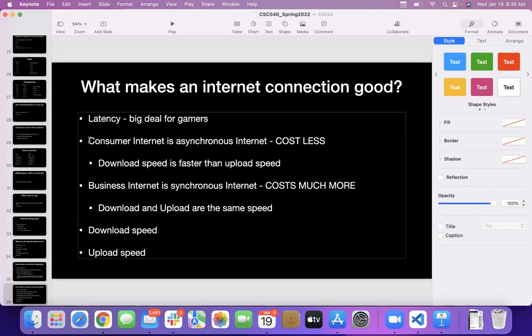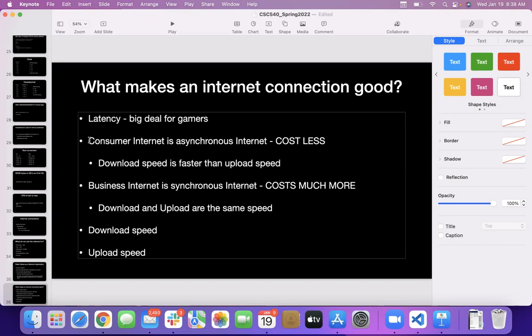We're buying our internet from Spectrum or AT&T, or, in many cases, with poor students, you're stealing internet from your neighbor, or somebody in your building has Wi-Fi and you're giving them $3 a month for a connection, whatever it is. But you're certainly not on business internet is the punchline there. But we have consumer-based internet, which is asynchronous.